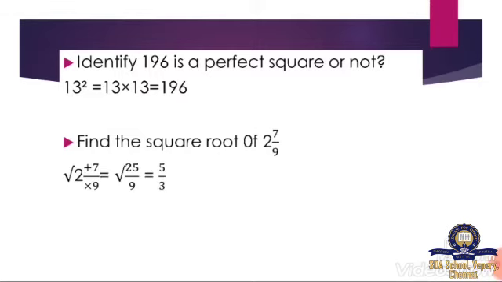The root of 2 7 by 9. From this we already know that we multiply the denominator with the whole number and convert into an improper fraction. So we get root 25 by 9. The root of 25 is 5. Likewise root 9 is 3. So the answer is 5 by 3.